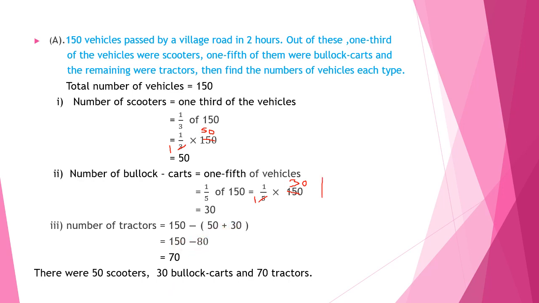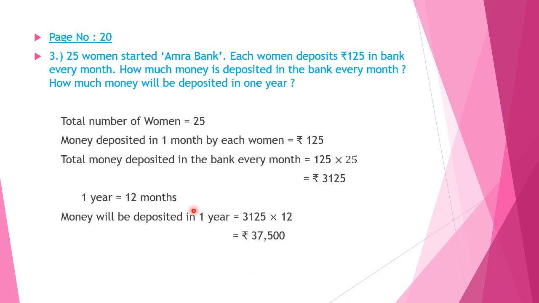This rough work you can do yourself. So subtract 150 minus 80. You will get the answer 0, and 15 minus 8 is 7, so 70. So how many tractors were there? There were 70 tractors. So there were 50 scooters, 30 bullock carts and 70 tractors.